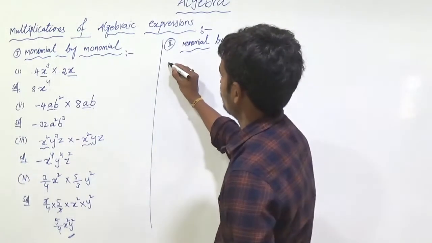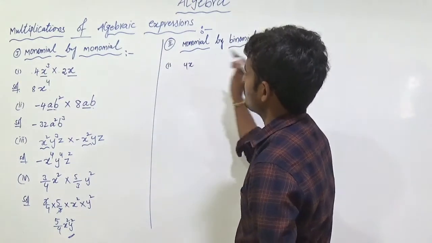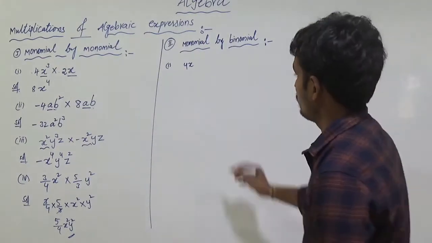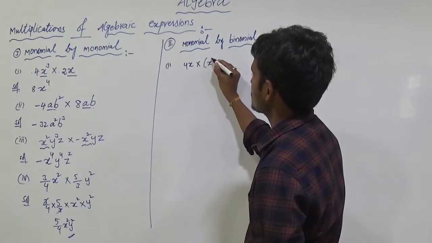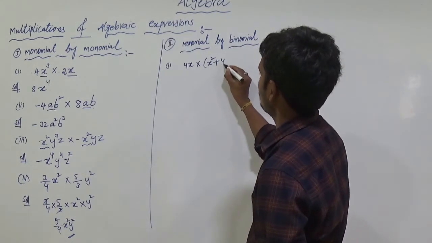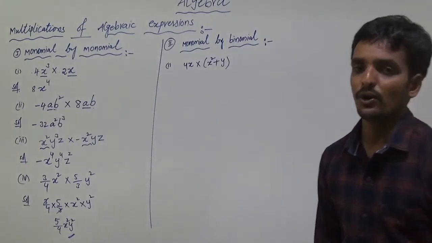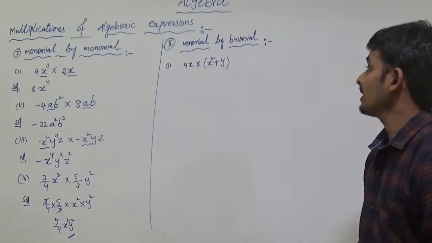For example, I am taking 4x as the monomial. We should multiply 4x with the binomial x square plus y. I am taking my own examples. We can multiply 4x with x square plus y.